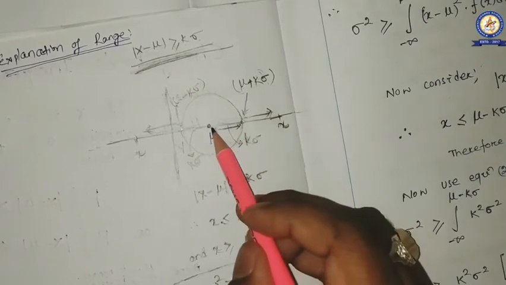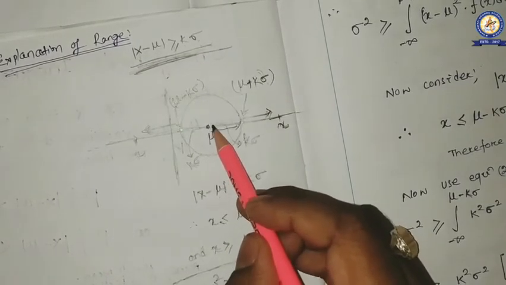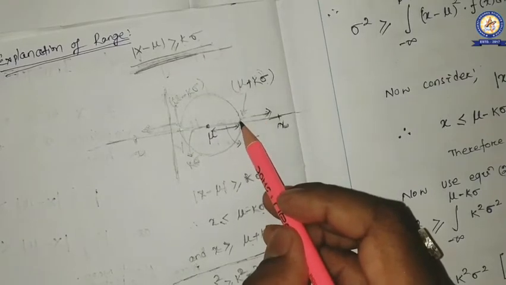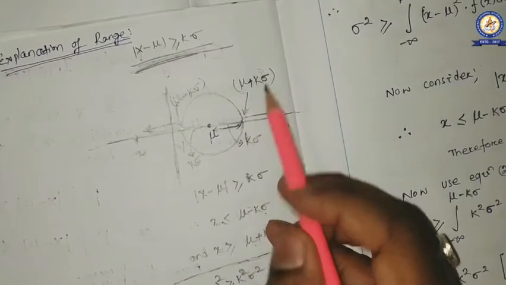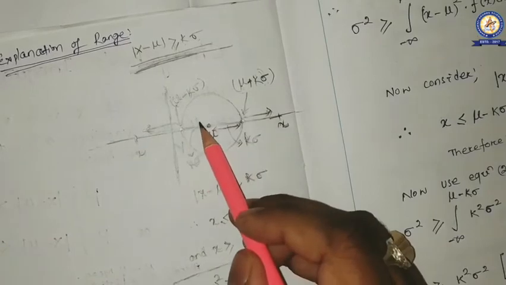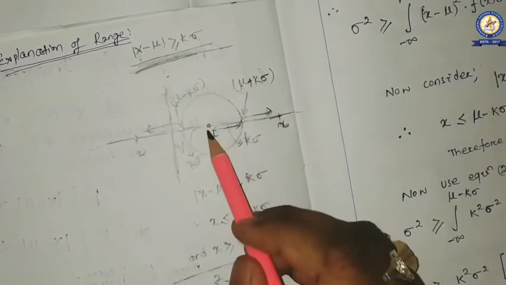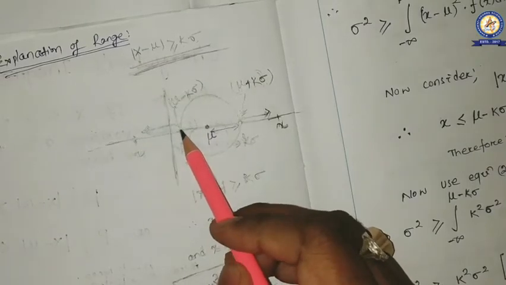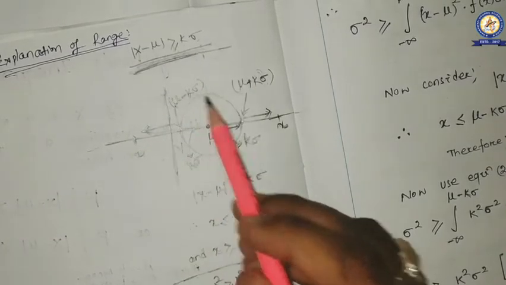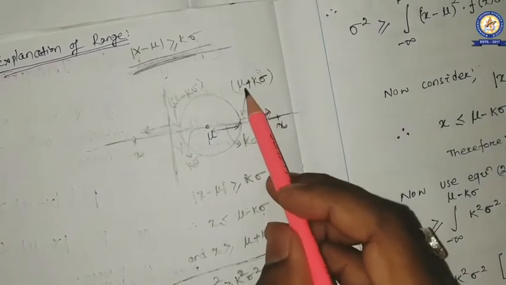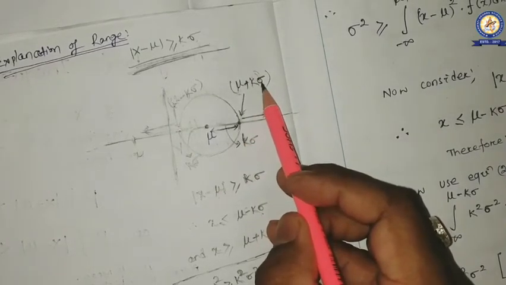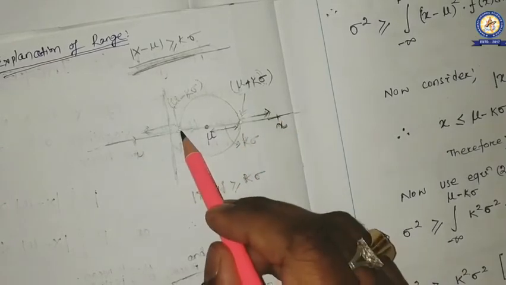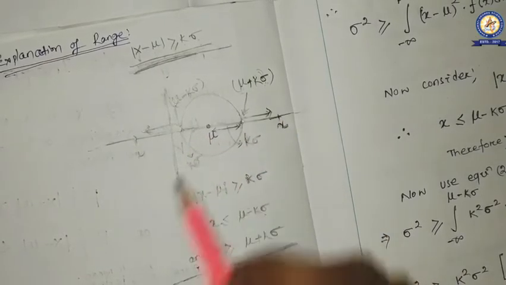If I move mu plus k sigma distance, then I will reach over here. If I move backward by k sigma distance, then I will reach the mu minus k sigma point. So this point belongs to mu minus k sigma, and this point belongs to mu plus k sigma, and this radius is k sigma, this radius also k sigma.